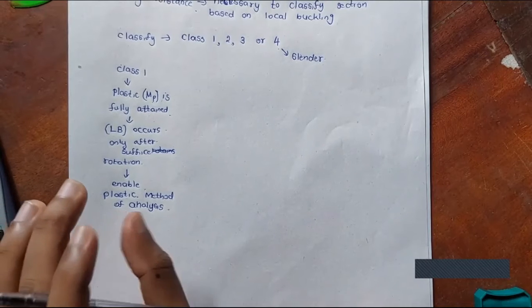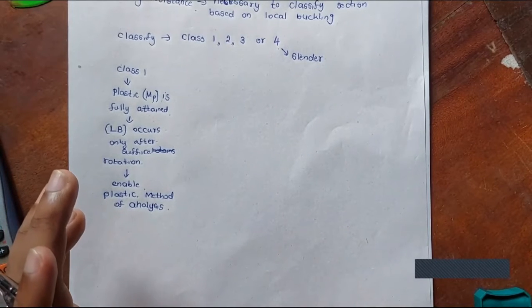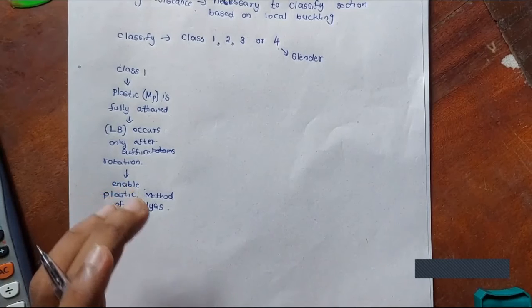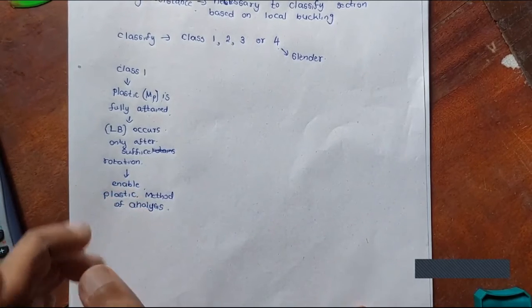So basically, class 1 sections are the cross sections with plastic hinge rotation capacity.